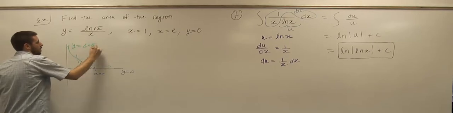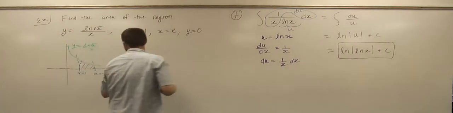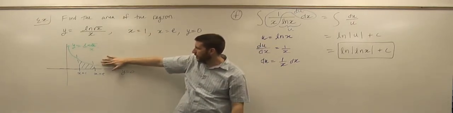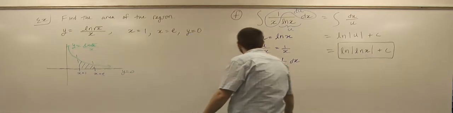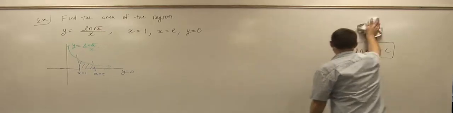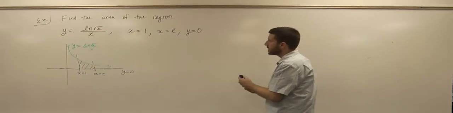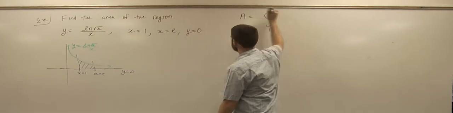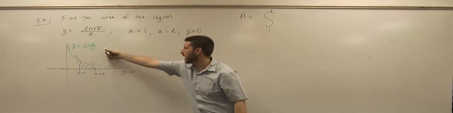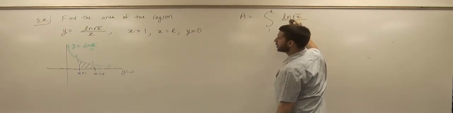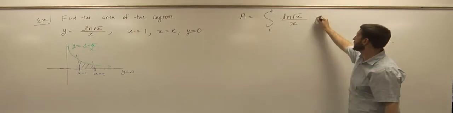The way we find the area of a region under a curve is to integrate. So what integral am I going to set up here? Just the definite integral from 1 to e. My area is going to equal the definite integral from 1 to e of this guy dx.